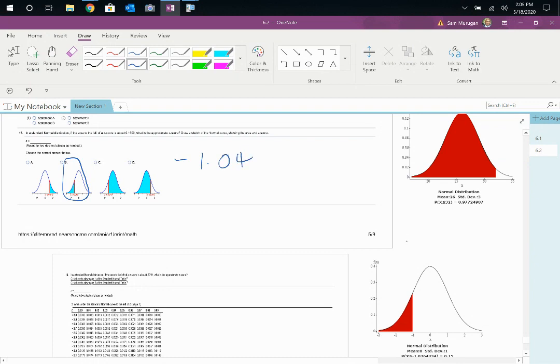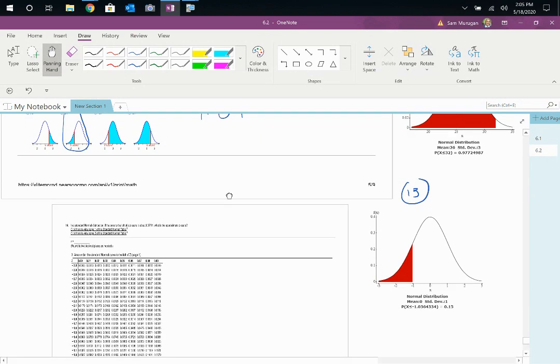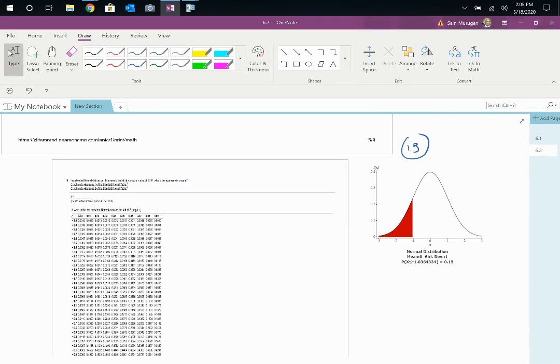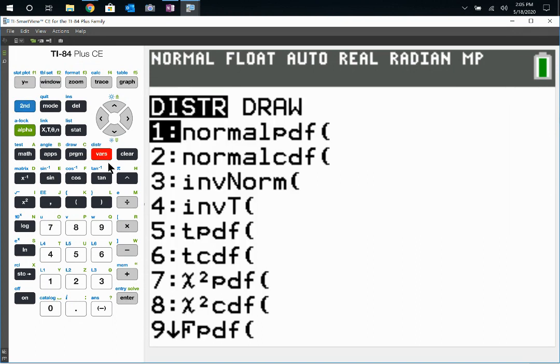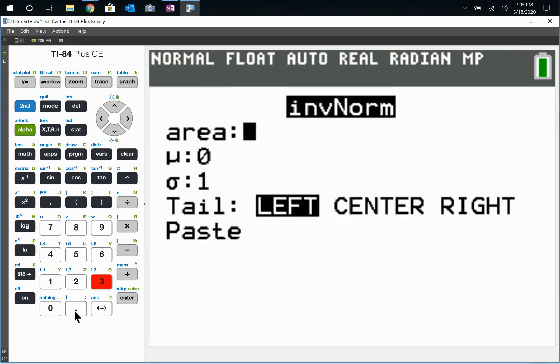Alternatively, you can use the calculator. To use the calculator for this, I would go to my calculator, second distribution, select number 3 for inverse norm, type in the area 0.15, mean is 0, standard deviation 1.